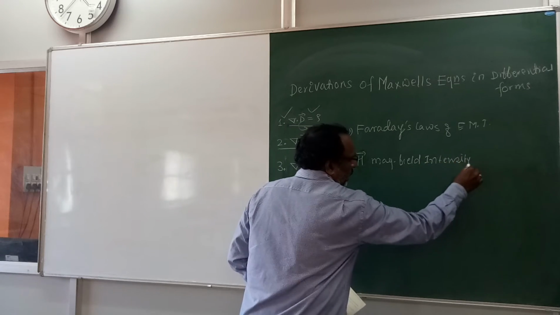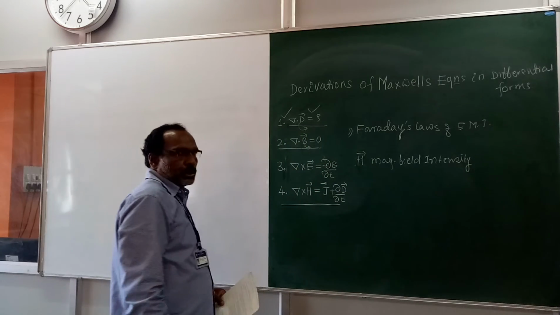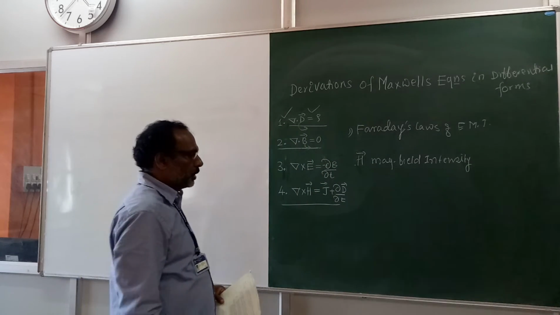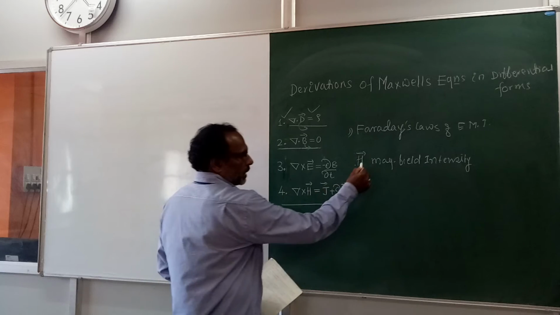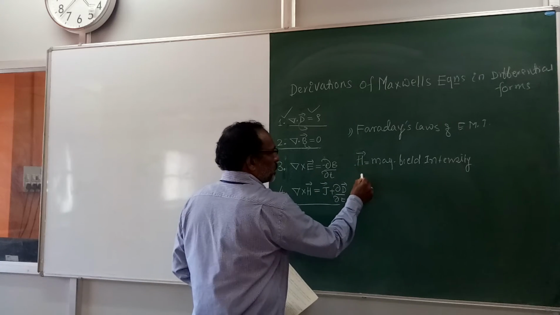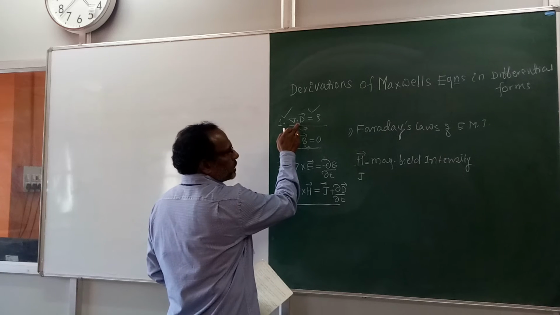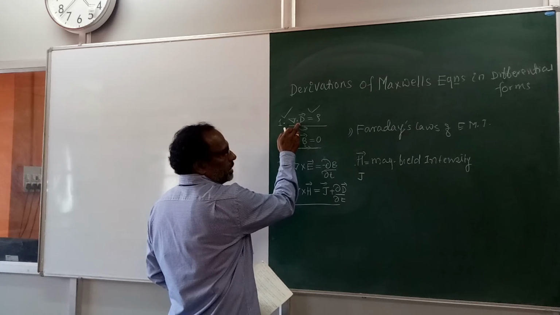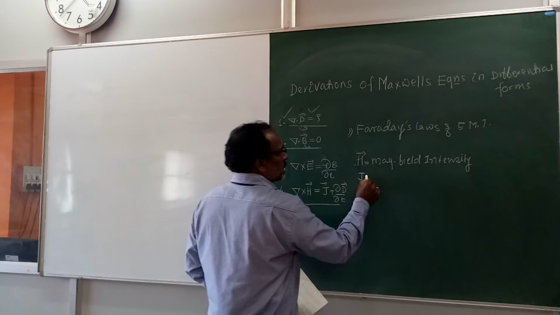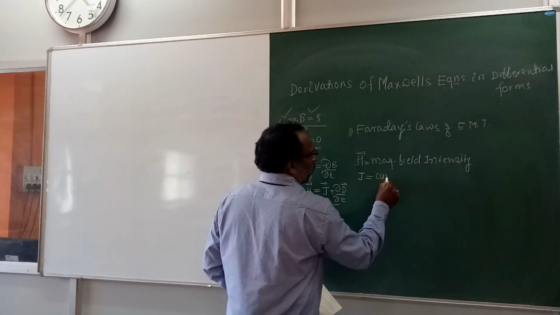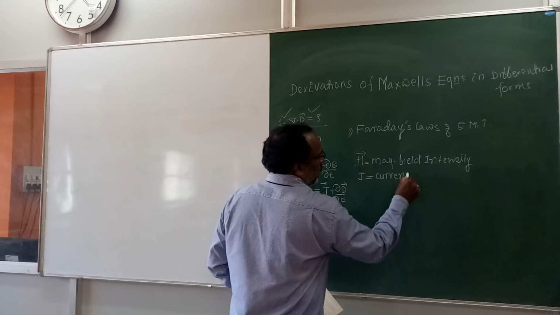We are getting acquainted with these equations. H is magnetic field intensity, D is the electric displacement vector, J is current density.